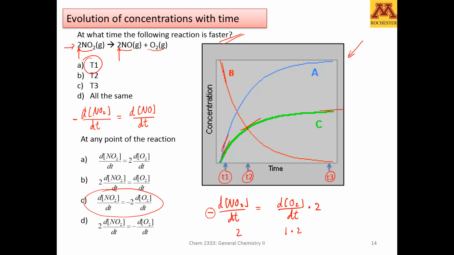We will keep using this notation, but this is just saying that the rate of nitrogen dioxide is negative the rate of oxygen, but wait, because the rate at which oxygen appears is half of it, we need to multiply this one by 2 to make it equal. Hopefully that makes more sense. We will keep practicing, and hopefully you'll get used to this somewhat awkward notation using derivatives.